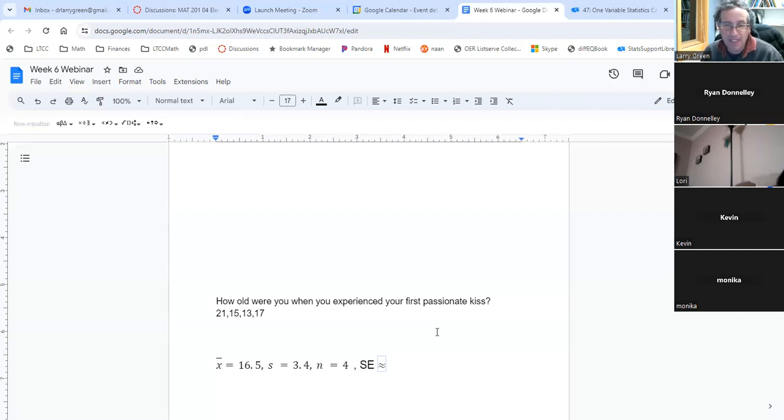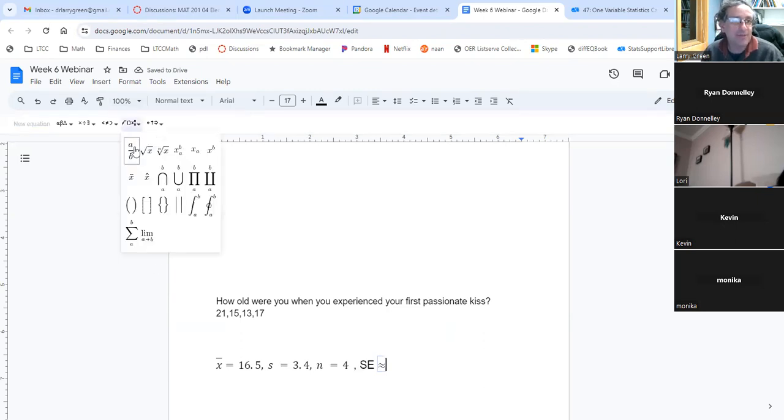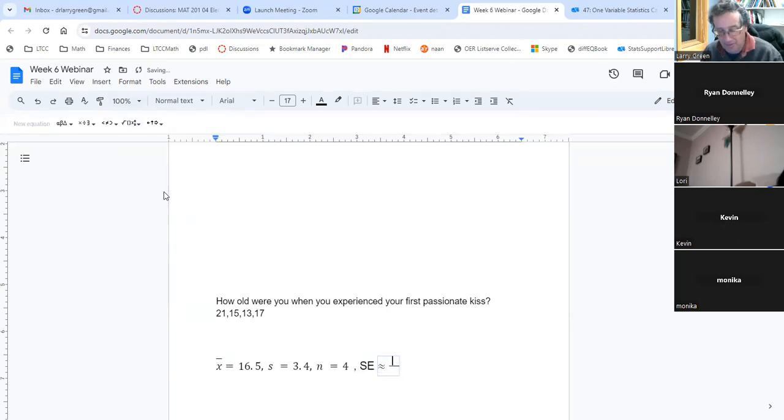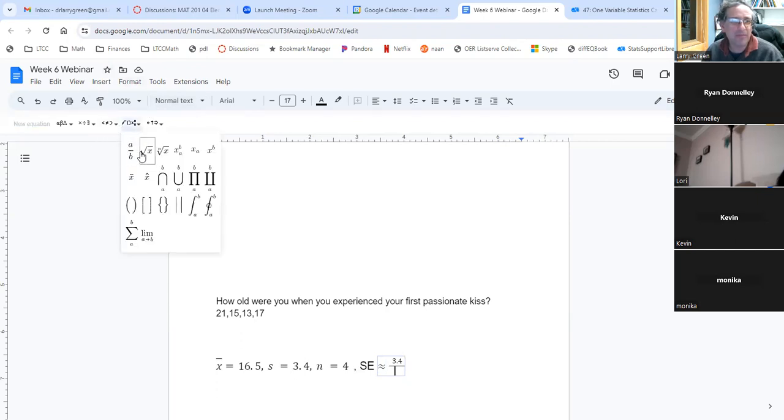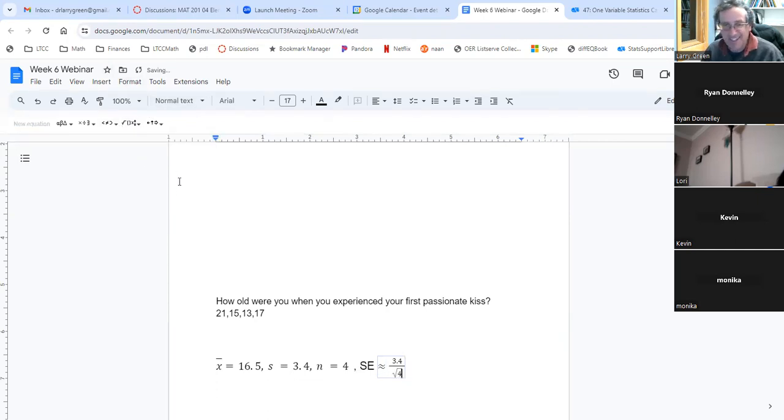So that's going to be S over the square root of N, which is 3.4 divided by, actually, let's write it, since I'm in the equation, I can do it nicely. There we go. So 3.4 divided by the square root of 4, because that's our sample size.